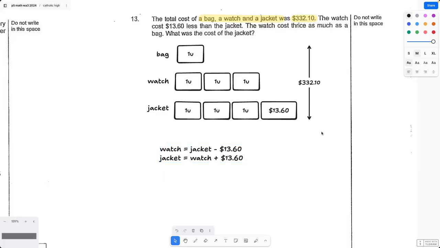So if we were to remove 13.6 in this case, we can get all of the units, which is 1, 2, 3, 4, 5, 6, 7 units. So 7 units is equal to 332.10 minus 13.60.